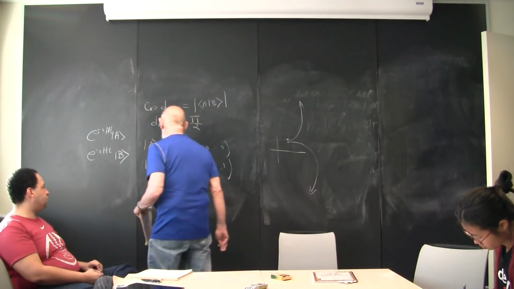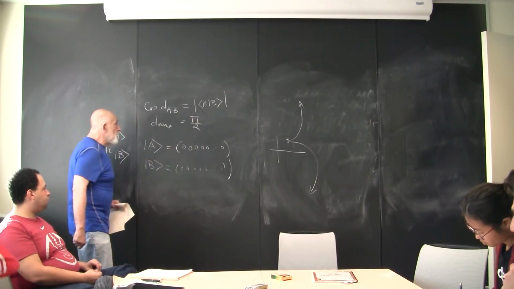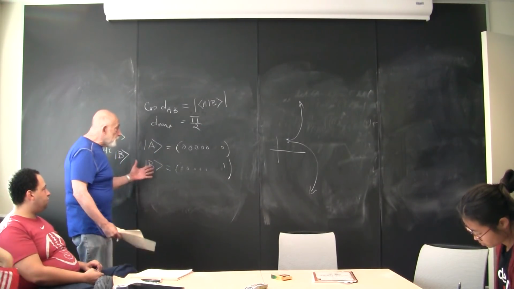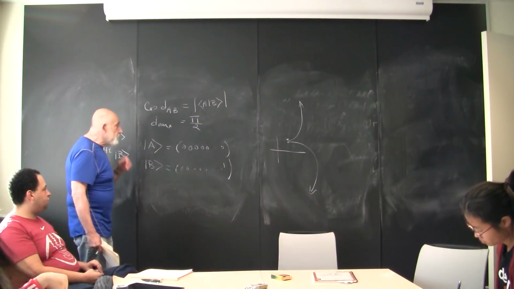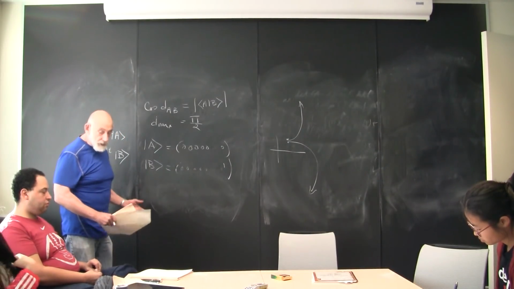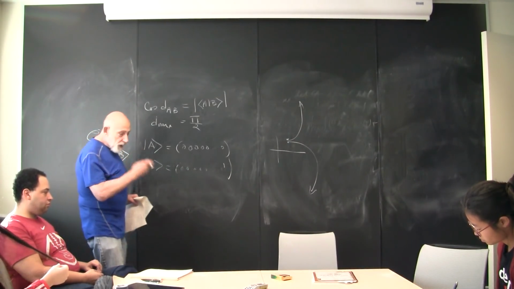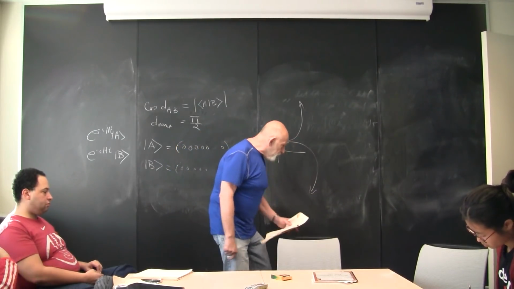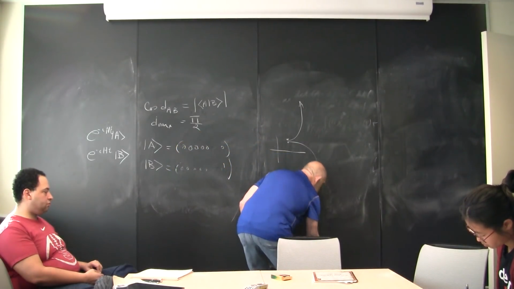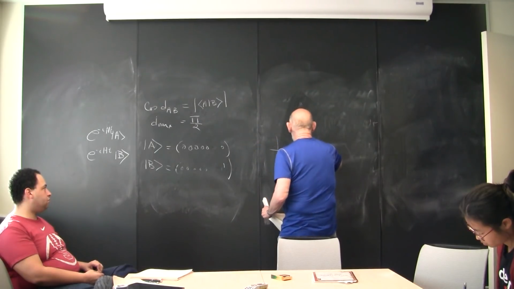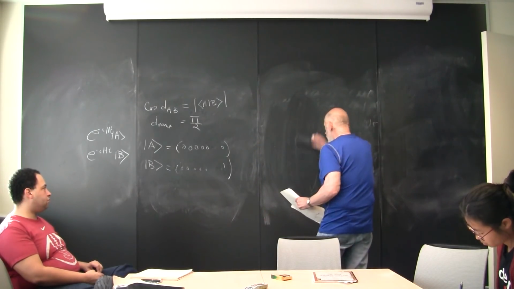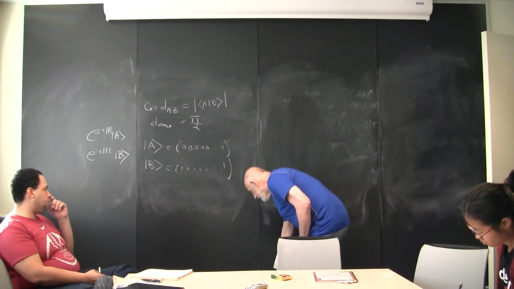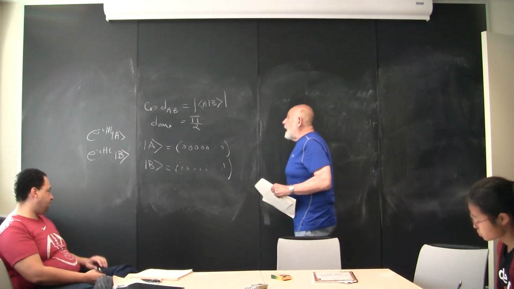So it's pretty clear that inner product distance is not particularly appropriate for describing the difference between states, or the distinction between states in general. And the question is, is there another metric on the space of states which is better? Well, it kind of depends.